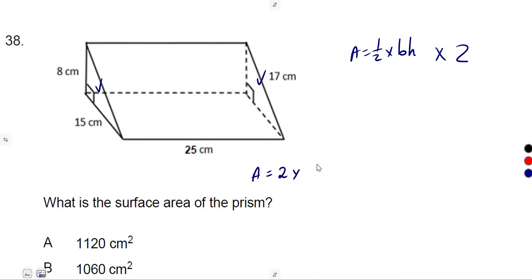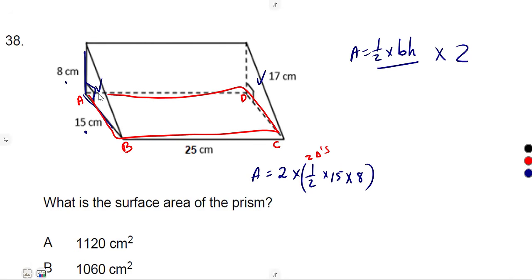So it's going to be 2 times half of the base times the perpendicular height. The base and the perpendicular height at 90 degrees, 15 times 8. So this is for the 2 triangles, okay? If you check properly, there is a rectangle. Let's say this is A, B, C, D, this one on the base.